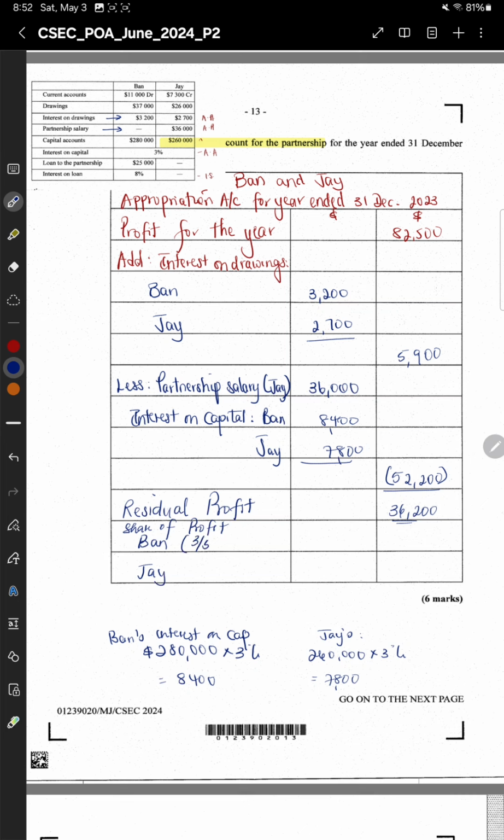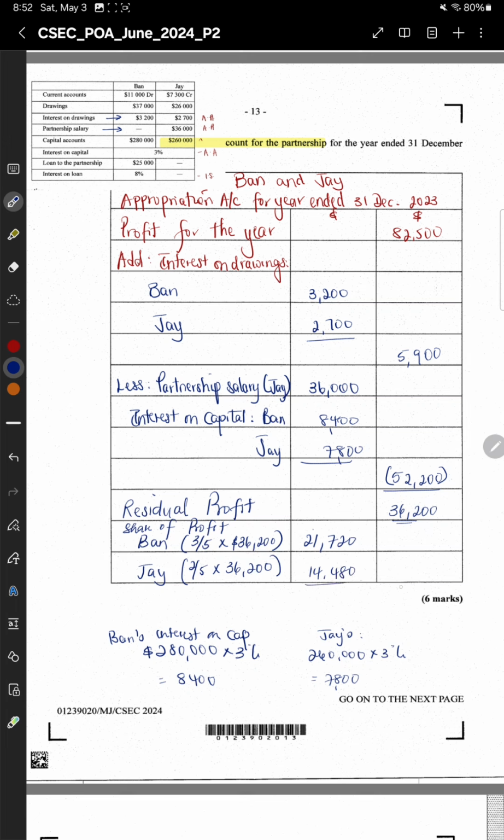So Ban is receiving 3 out of 5 times 36,200, and J is receiving 2/5 times 36,200. 36,200 divided by 5 times 3, so Ban is receiving a sum of 21,720, and J is receiving 2 out of 5 times 36,200, which is 14,480.